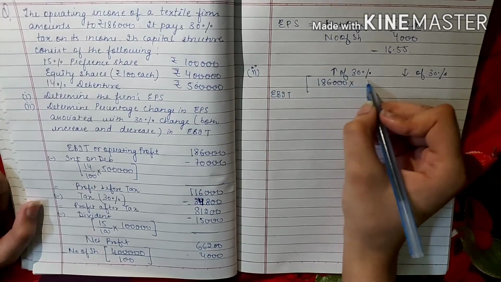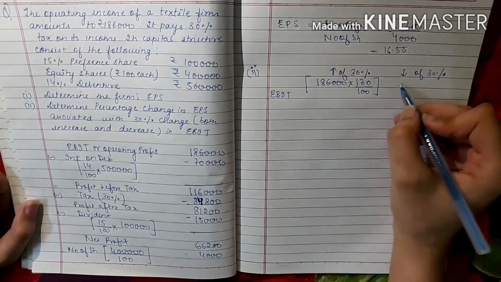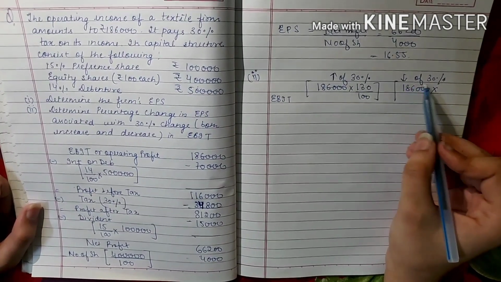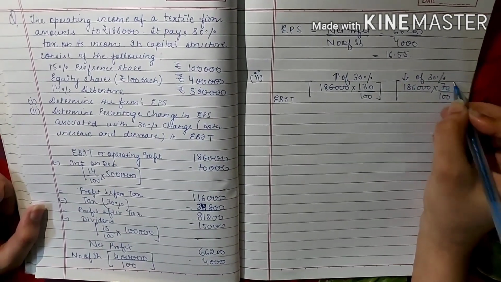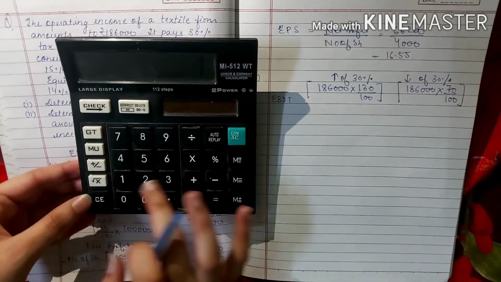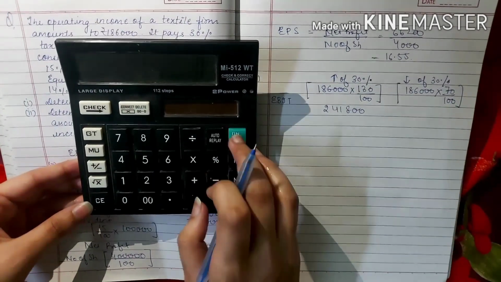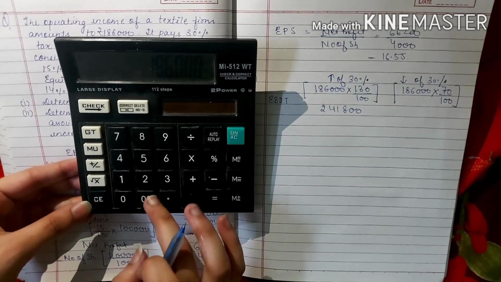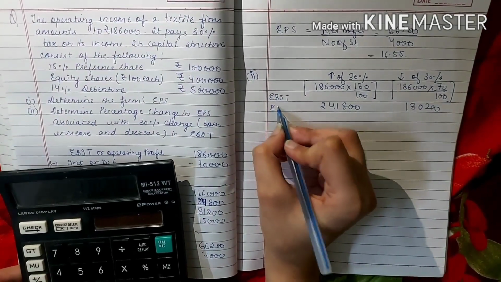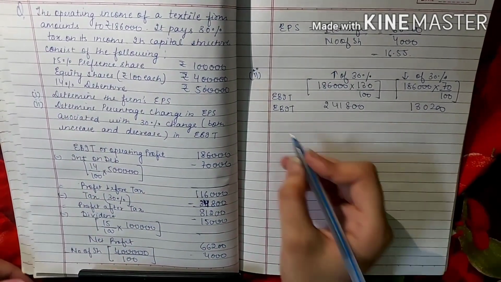Now it increases by 30%, so 186,000 into 130 divided by 100, and in the other case, it reduces by 30%, so 70% of 186,000. Calculate it. 186,000 into 130%, 241,800. And in the second case, 186,000 into 70%, 130,200. So your EBIT in the first case is 241,800 and in the second case is 130,200.